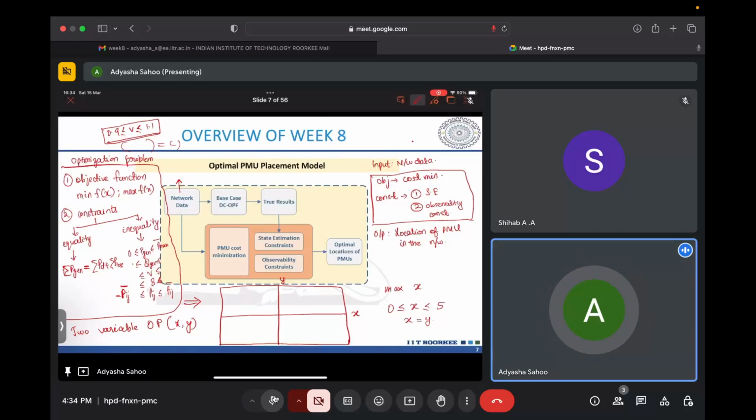Initially, if you don't have anything, your region is this infinite two-dimensional space from minus infinity to plus infinity for X and similarly for Y.